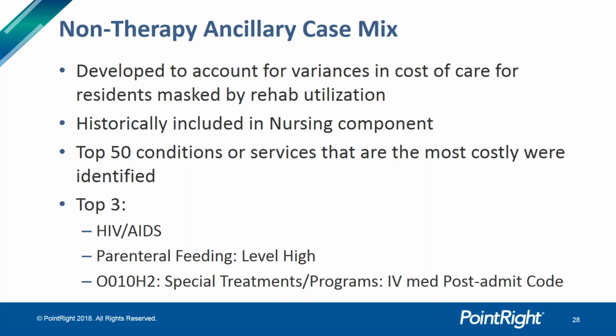And they do have a distinction between parenteral feeding IVs at a high level and a low level. The high level is 50% or more of the calories through either parenteral feeding or IV, and the low level is 25% or less, and 500 cc's of fluid. So that's how you would get into those categories. And then the special treatment, so IVs. So those are the top three.